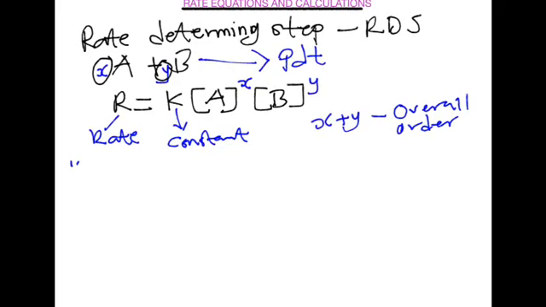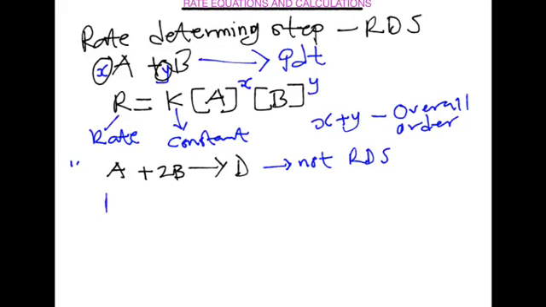So when we have an equation such as A plus 2B giving a product D, and if they said this reaction is not an RDS, then we can't write the rate equation as R equal to K, reactant A, and then B raised to the power 2.